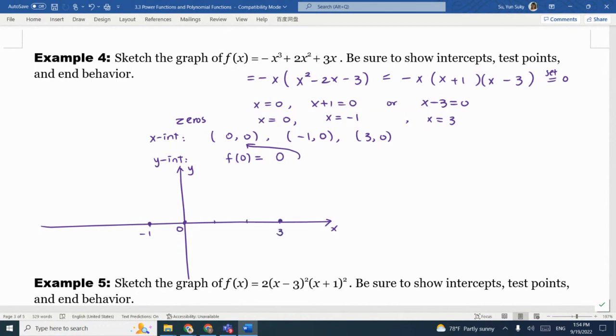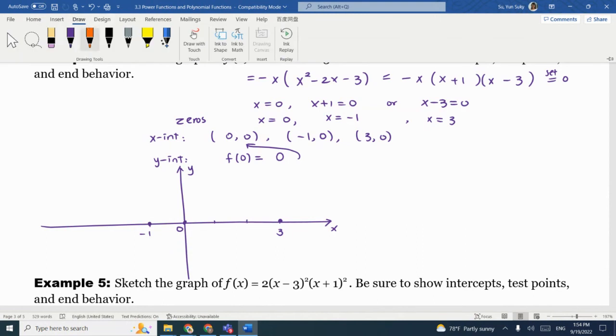So you plot the important points, and please label them. Promise me you're going to label them. You don't need to label everything, but for the important points, label them. Okay, everybody? And then between the points, figure out a test point.